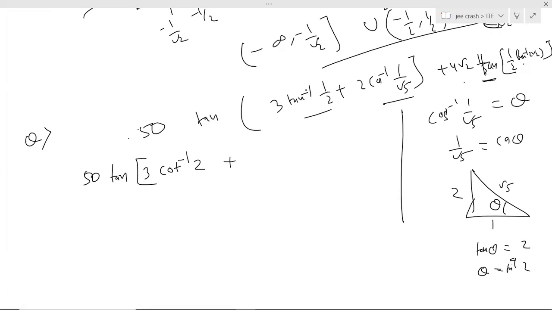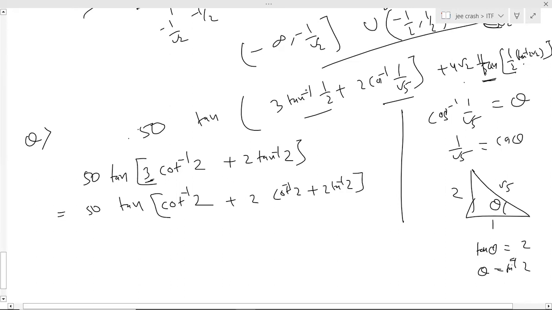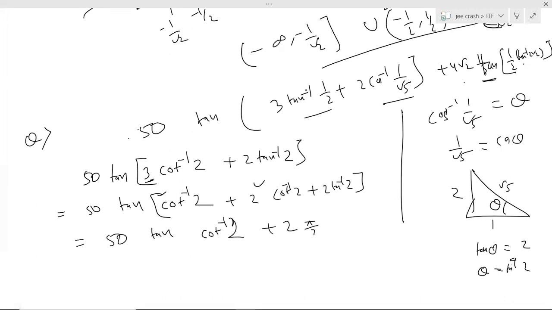Everyone, these steps are clear? Yes or no? Yes, sir. So this is 50 tan. We can write this as cot inverse 2 plus 2 cot inverse 2 plus 2 tan inverse 2. 3 I broke down into 2 and 1. 50 tan of cot inverse 2 plus 2 times pi by 2, right?